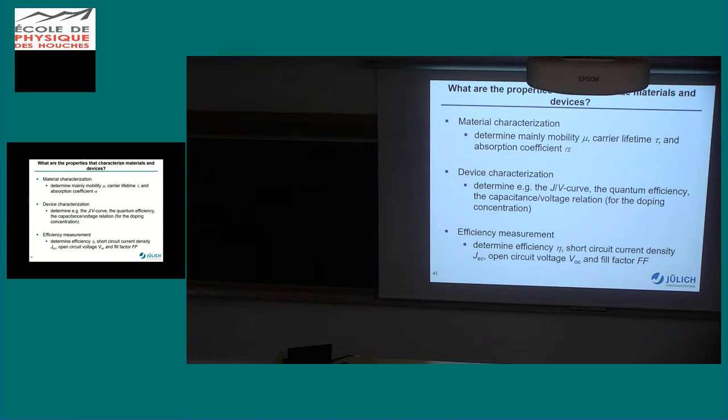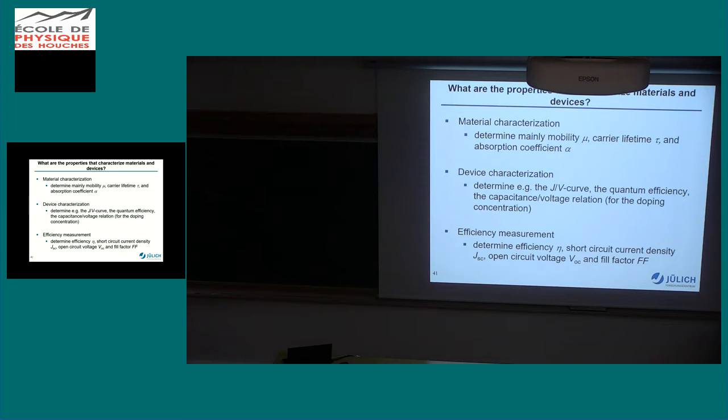Absorption coefficient should be high. Why? If you have a high absorption coefficient, and notably that one is a spectral quantity, so there's not only one absorption coefficient, there's always an absorption coefficient for every wavelength, but the entire level should be high, because then you can make your device thinner and you relax the requirement on mu and tau. Because if you can make the device thinner, since it's absorbing the same amount of light in a very thin layer, you just do not need to transport your charge carriers so much.